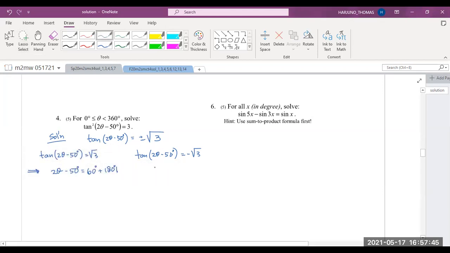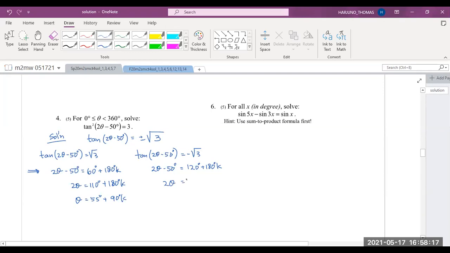The second branch, we have 2 theta minus 50 degrees equals 120 degrees plus 180 degrees k. Right? Now from there we solve. So 2 theta equals 110 plus 180 degrees k. Theta equals 55 degrees plus 90 degrees k.